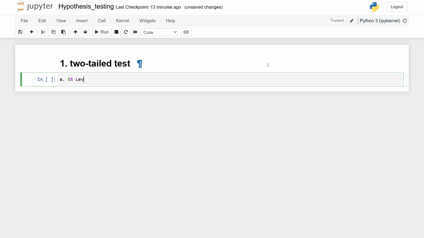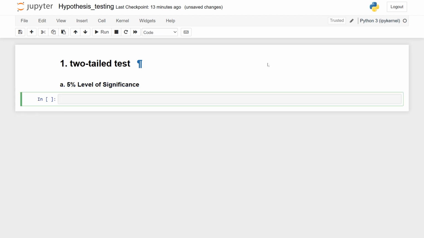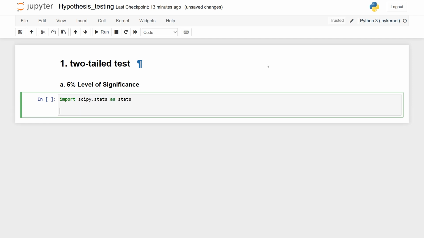The first step is to import the necessary libraries. Let's import scipy.stats as stats.